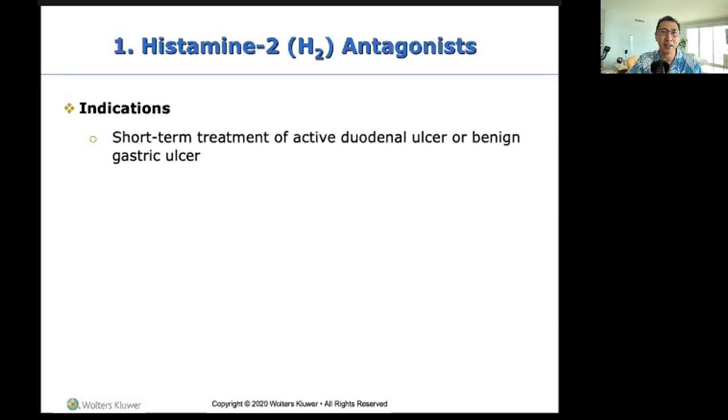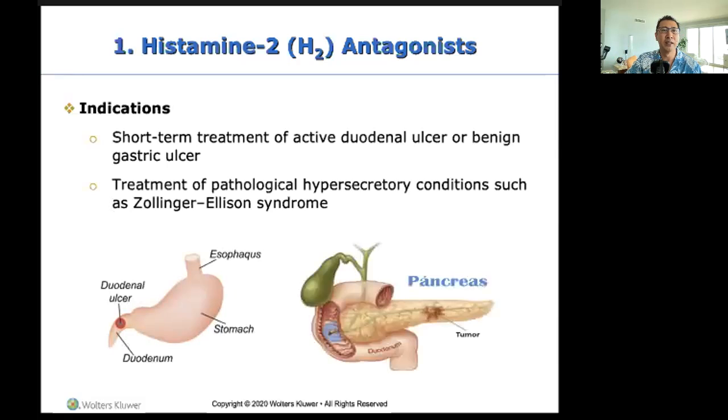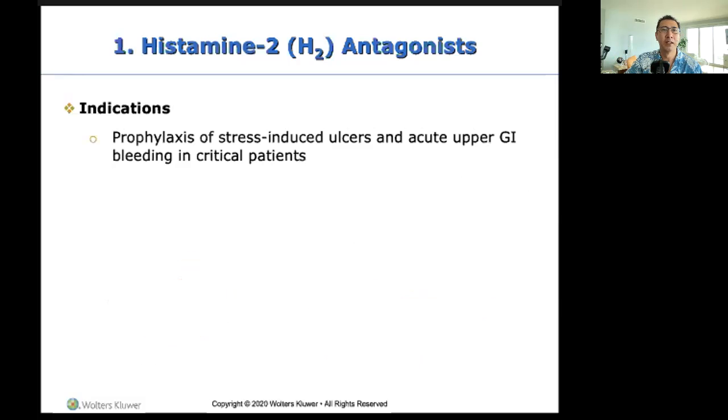They took it off the market. It's also used for the treatment of hypersecretory conditions such as Zollinger-Ellison syndrome.